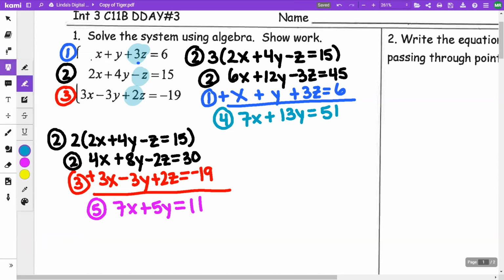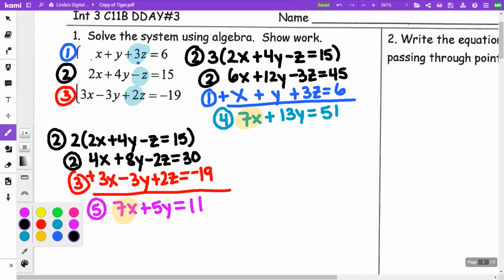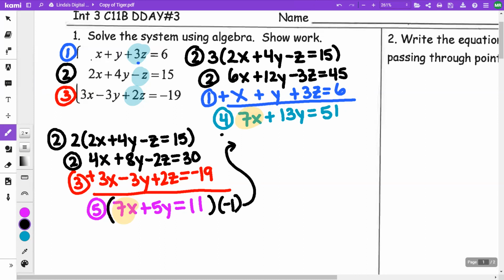And what you'll notice is in 4 and 5, I have a 7x and a 7x. So I'm going to try to eliminate that 7x. So I think what I'm going to do is multiply this equation here by a negative 1. Okay, and then let me write it up here. So this is going to be my new equation 5.